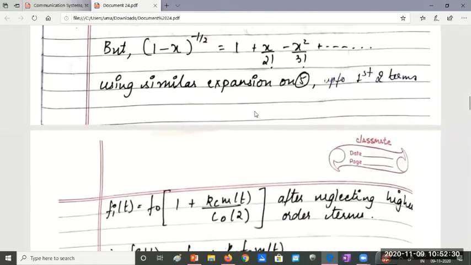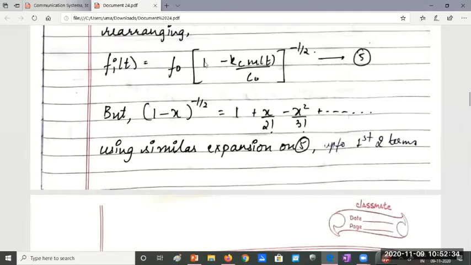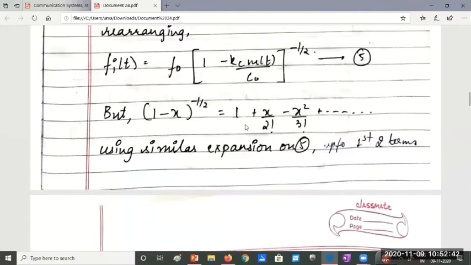Okay. So what should we do? Substitute in this equation, where 1 minus kc m of t by c naught to the power of half, I am going to use the expansion for this series, but only first two terms. So accordingly, I'm going to get 1 plus kc m of t by c naught into 2 factorial, which is 2.